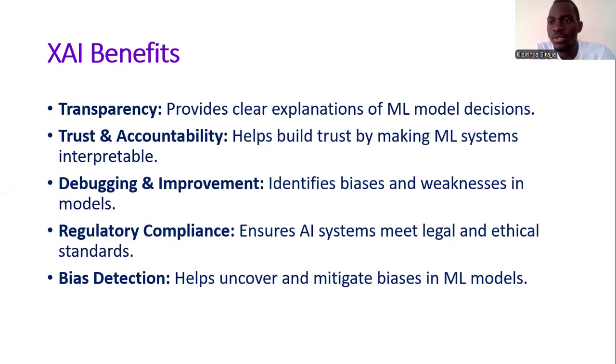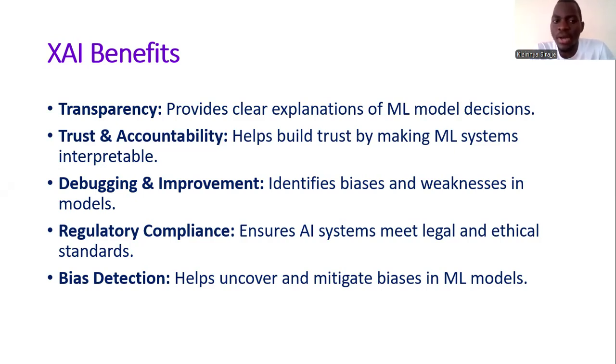To begin with the benefits of explainable AI, it brings transparency, that is, it helps models to be clear while making explanations. It also brings trust and accountability, so it helps machine learning engineers build trust in the models they have implemented.